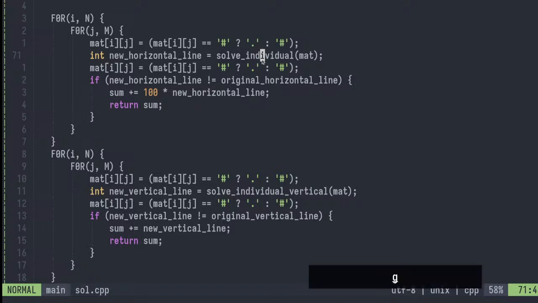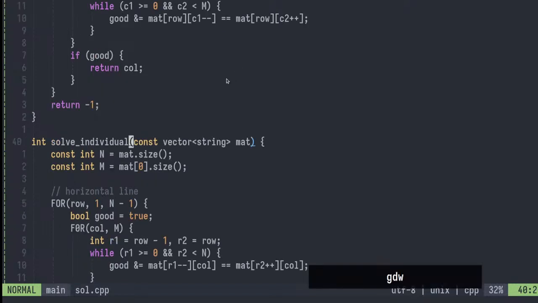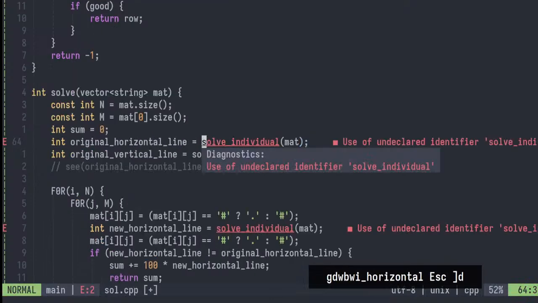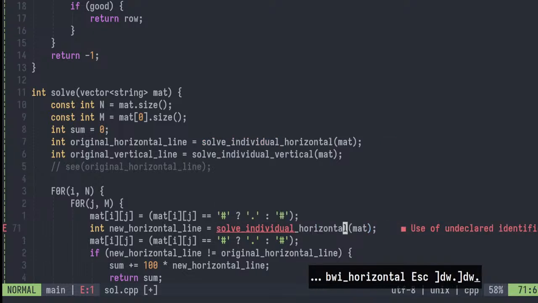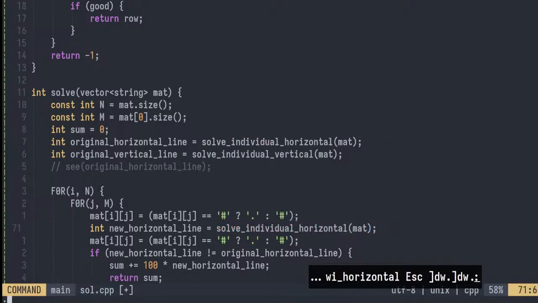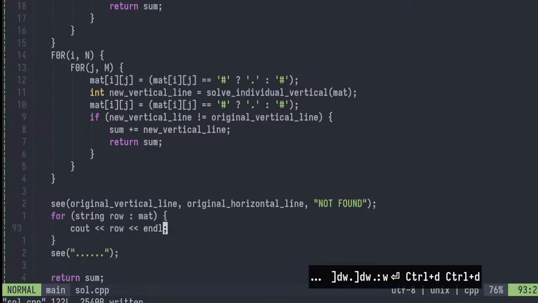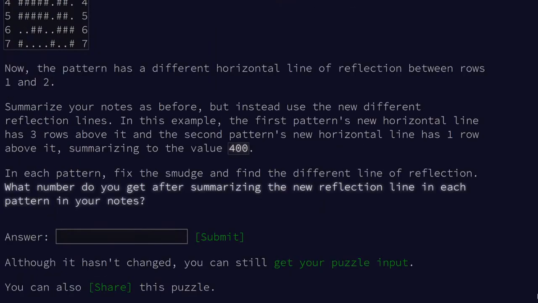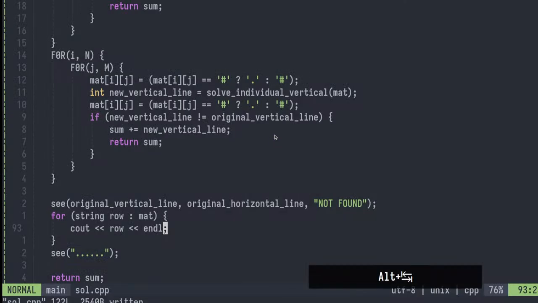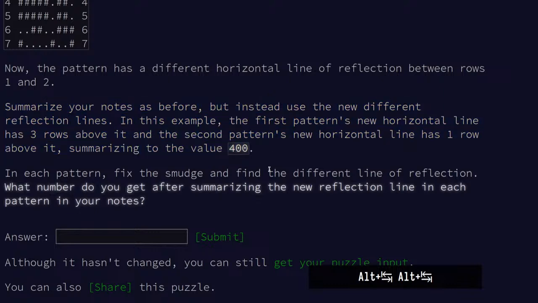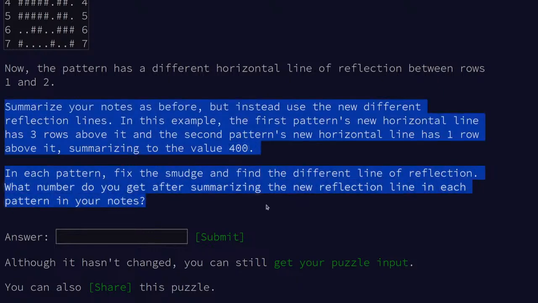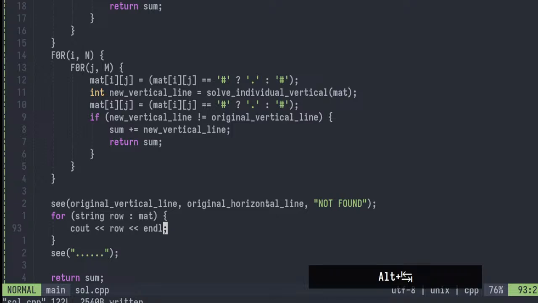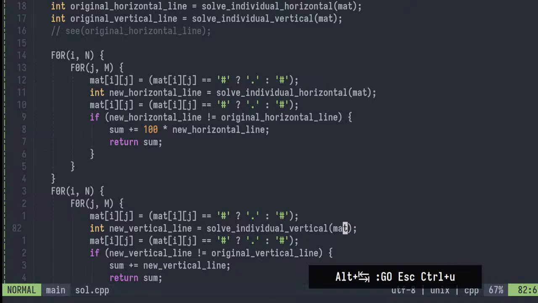Let's rename this. And I hope for the verticals as well. I mean, I'm just assuming that this is what we need to do. It should be wrong, but let's find out anyways.